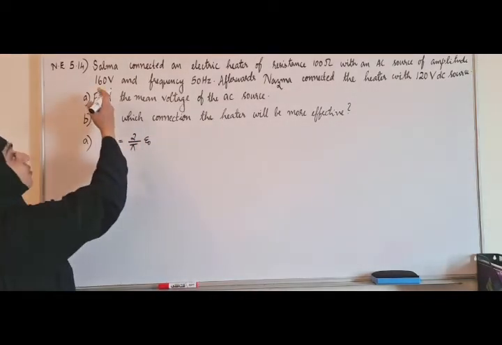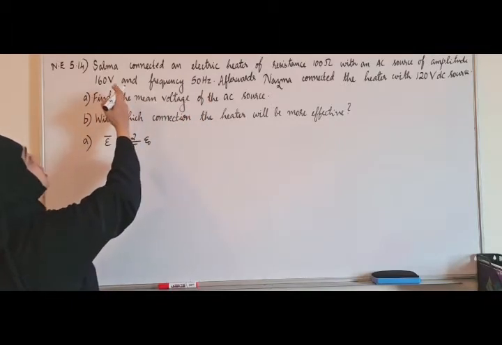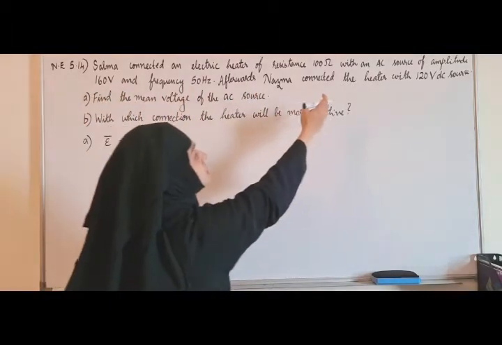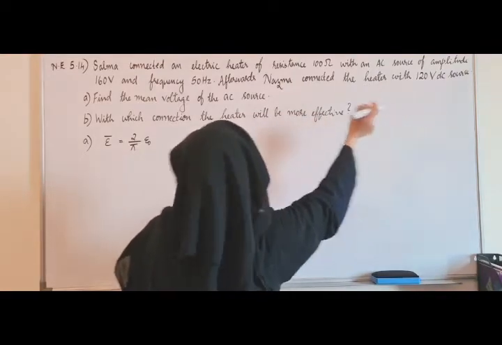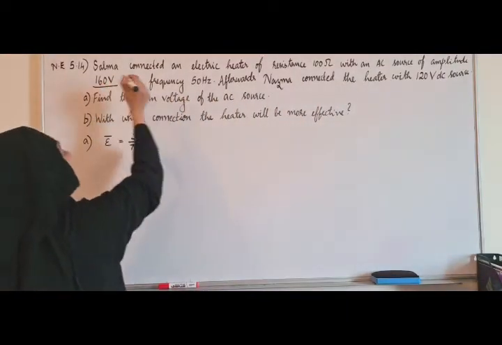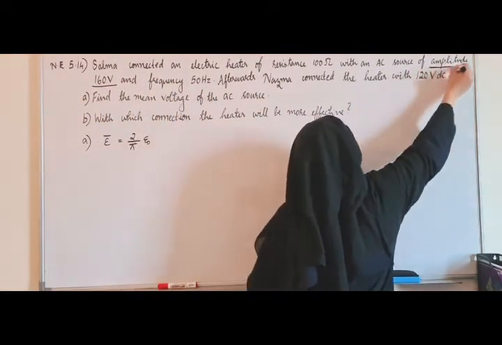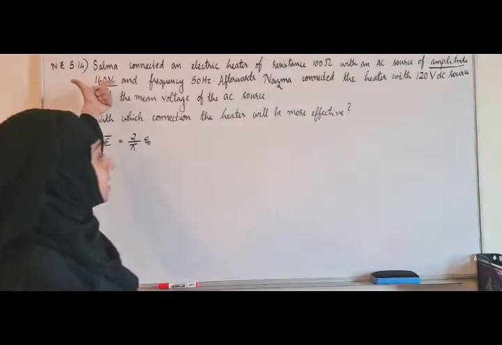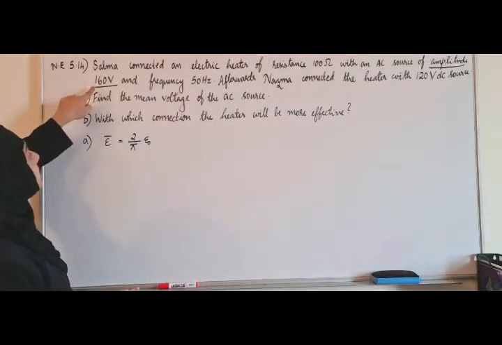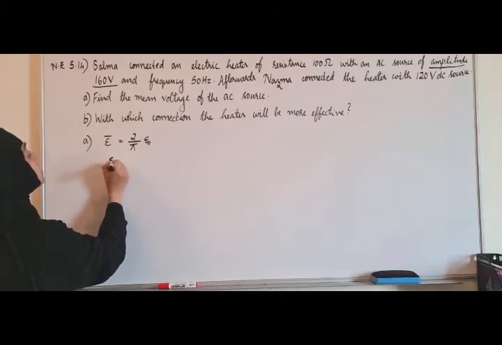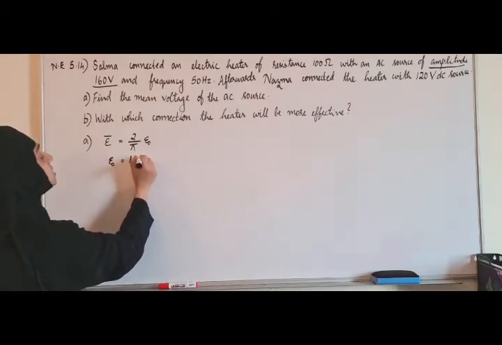So let us see in the question whether they have given the peak voltage. Salma connected an electric heater of resistance with an AC source of amplitude 160 volt. Amplitude means peak. So we can take peak voltage E0 as equal to 160 volt.